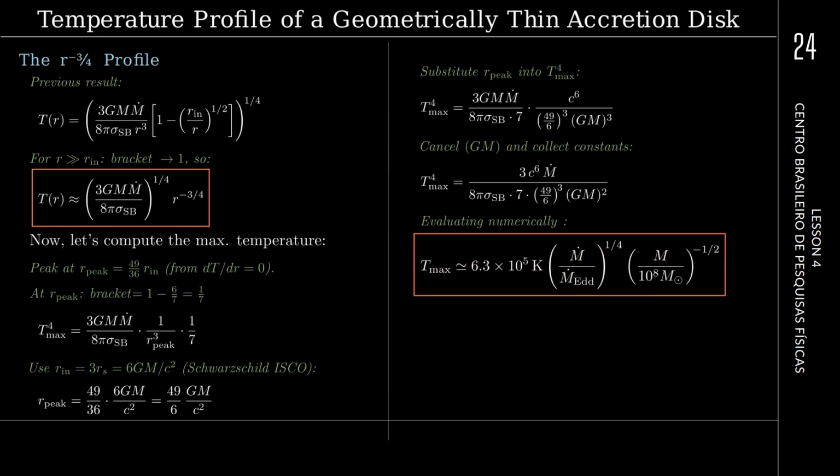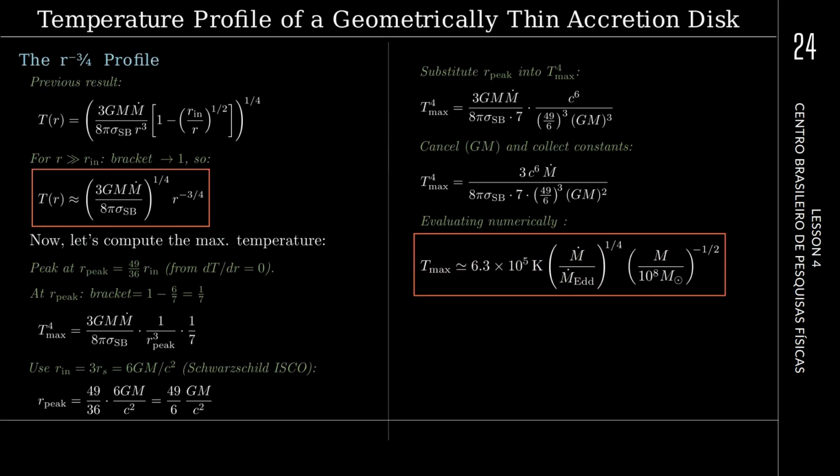Okay, but what happens when we increase the mass of the black hole? What happens with the maximum temperature? It decreases. So larger black holes have colder accretion disks. If you take the accretion disk around a stellar mass black hole, the thermal emission of this disk will peak in the X-rays.